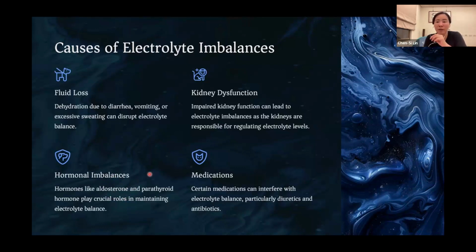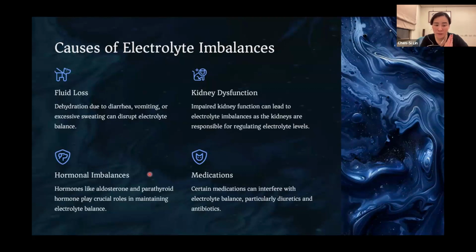Aldosterone works on the kidney, to let the kidney reabsorb the sodium and the chloride within the body. So aldosterone tries to maintain the normal range of sodium and chloride.